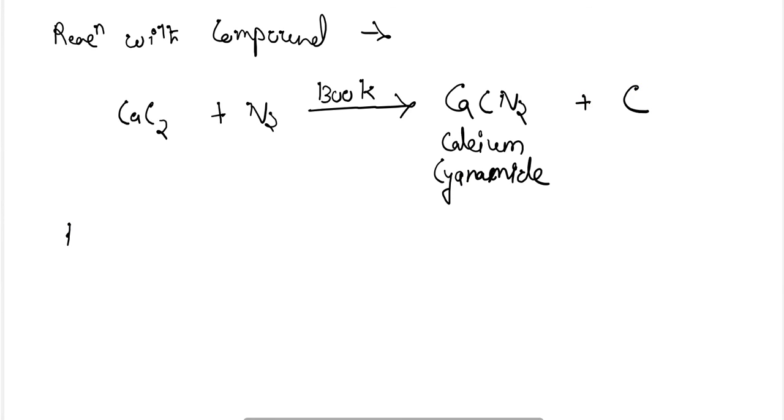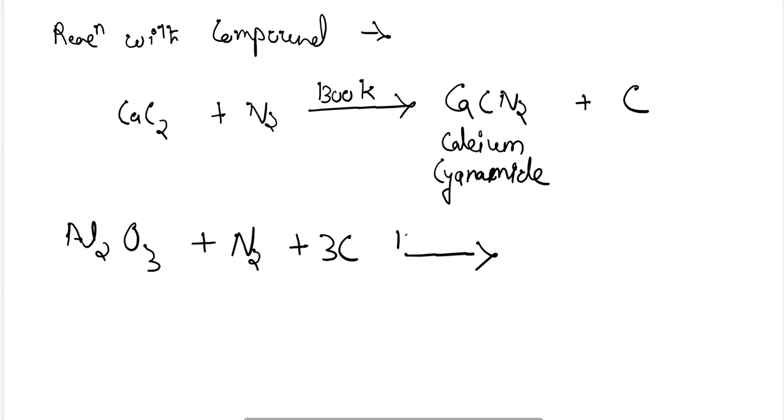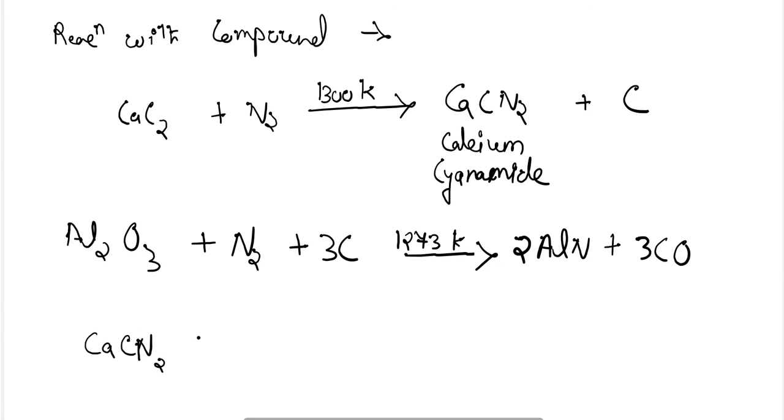Similarly, it can combine with aluminium oxide in the presence of carbon at 1273 Kelvin to form aluminium nitride and carbon monoxide. Both of these compounds are hydrolyzed on boiling with water to give ammonia. On reacting CaCN2, that is calcium cyanamide, with water, we will prepare ammonia, and calcium carbonate will be formed.